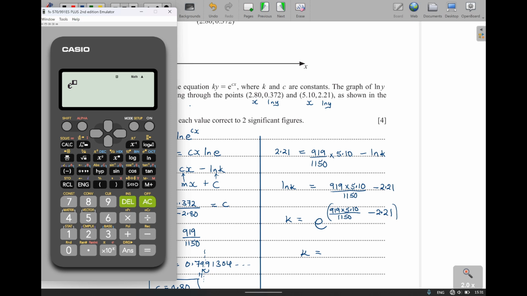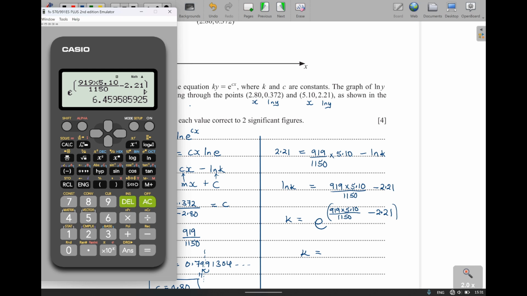Shift, then natural log, which brings that e, and then we have 919 times 5.10, then divide by 1150, and then minus 2.21.